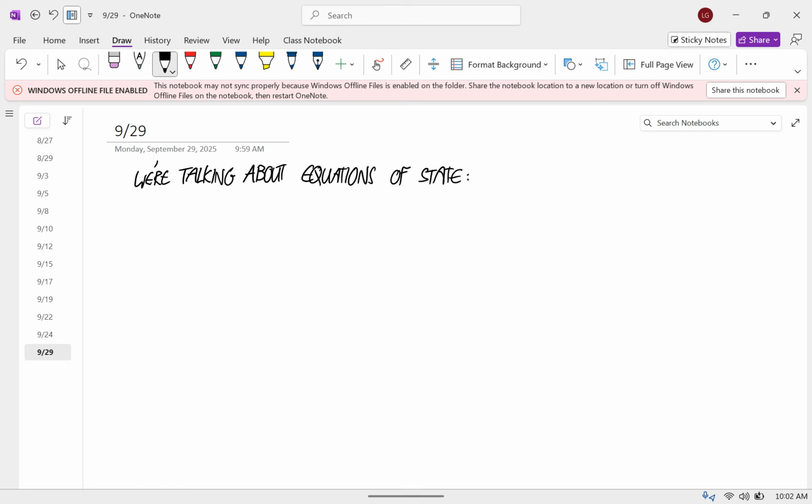And that is, if you know some properties, how can you determine other properties?